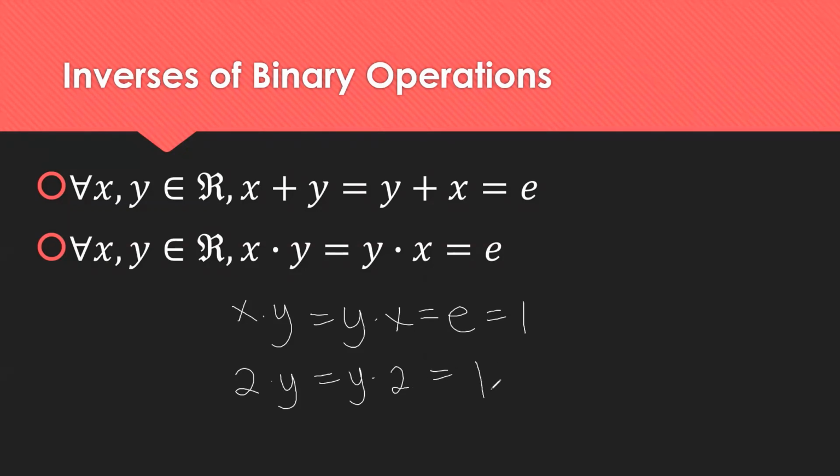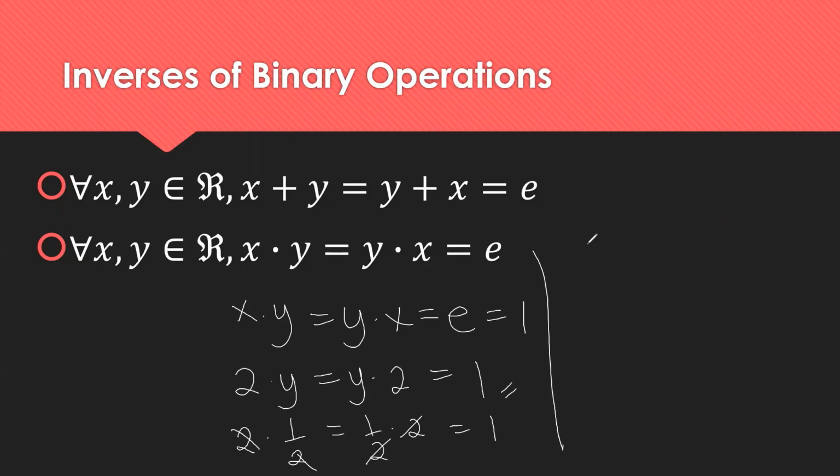What number are we going to multiply to 2 to give us a product of 1? That is just the inverse of 2, or the reciprocal of 2. That is 2 times 1 half is equal to 1 half times 2, which is equal to 1. Cancel this, that is 1. Cancel this, that is 1.